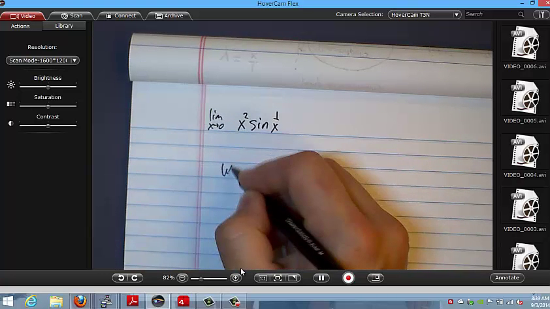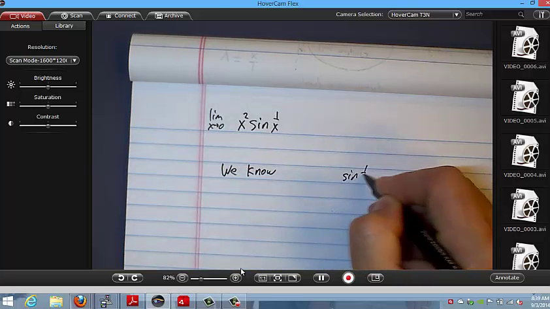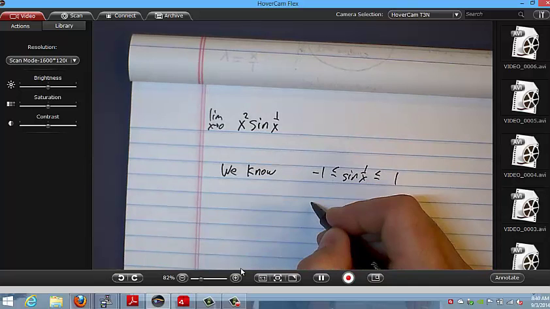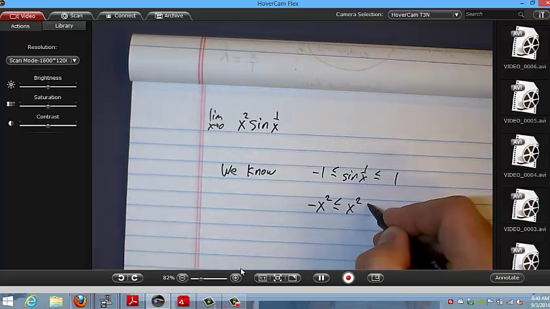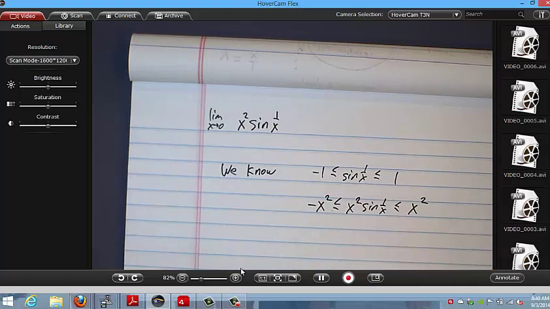Well, we know sine of 1 over x is between 1 and -1. So negative x squared is less than or equal to the function I'm interested in, less than or equal to x squared. You just multiply through by x squared.